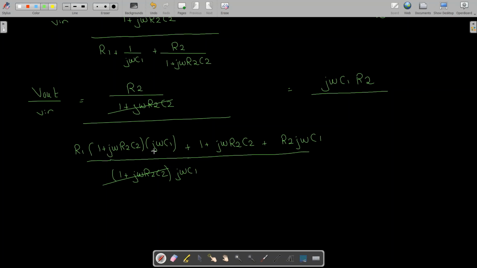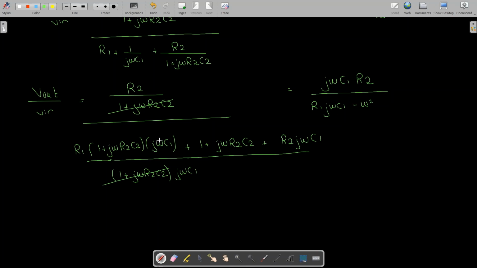First of all, multiply 1 by this. We are going to have R1 j omega C1, fine. And then we have this thing, which is we are going to have minus omega square, because we have j square, iota square. So iota square is minus.